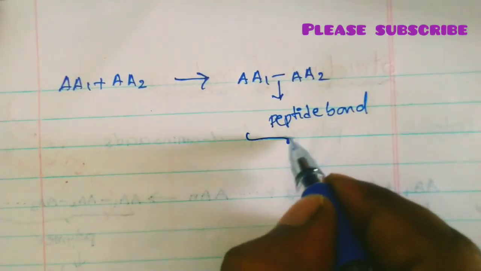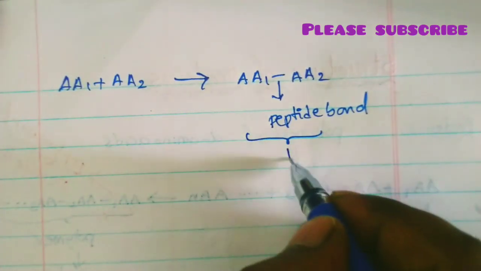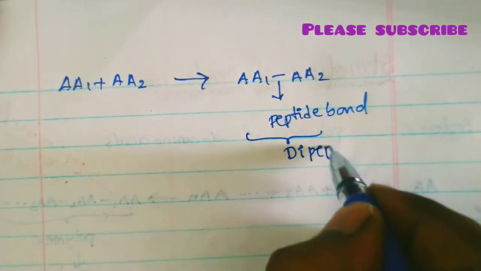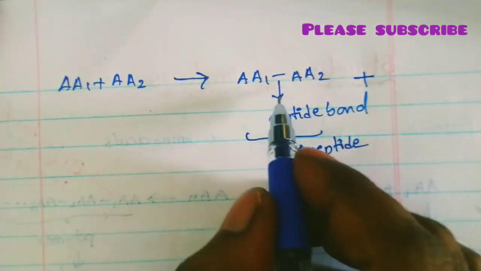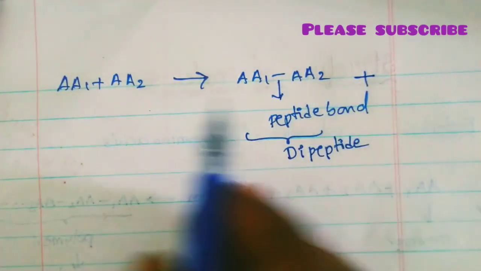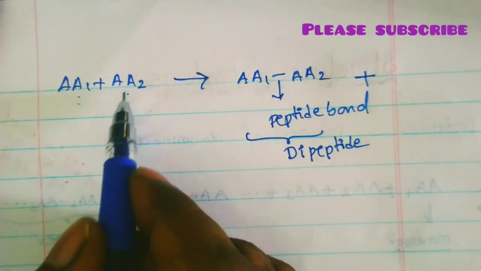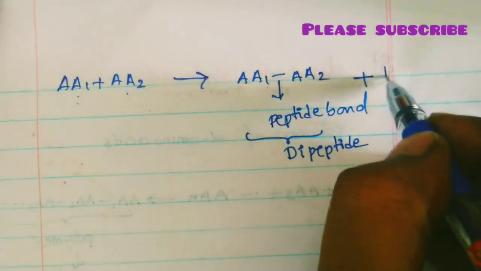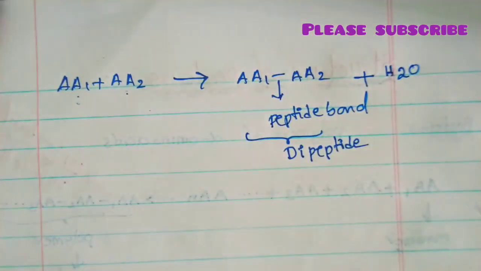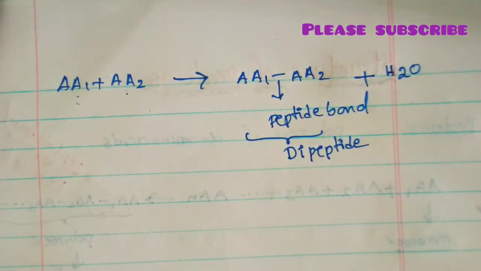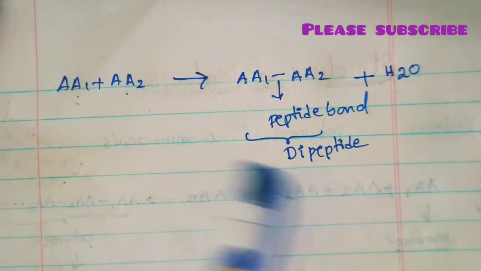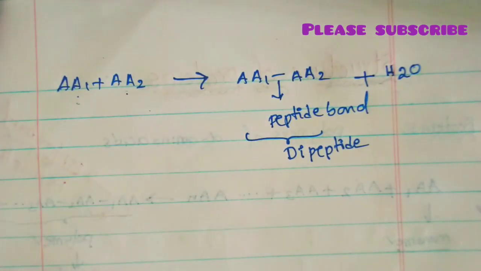But what is the name of this product? Dipeptide. But how is this bond formed between these 2 amino acids? By elimination of a water molecule. If you eliminate the water molecule, you will get a peptide bond. But which functional groups are involved in this peptide bond? Carboxylic acid group and amine group.